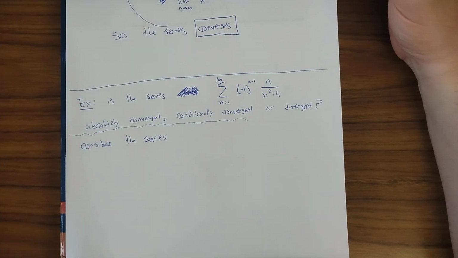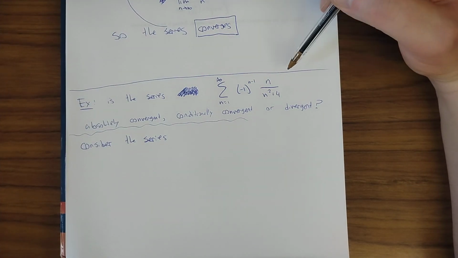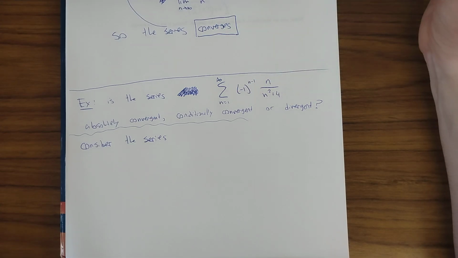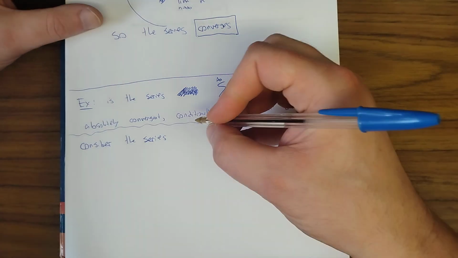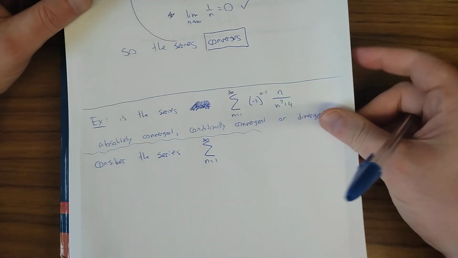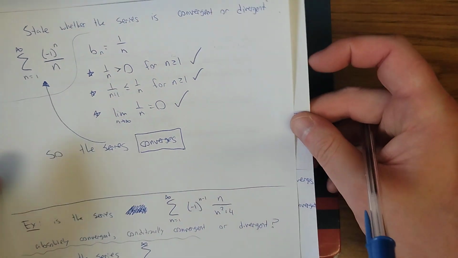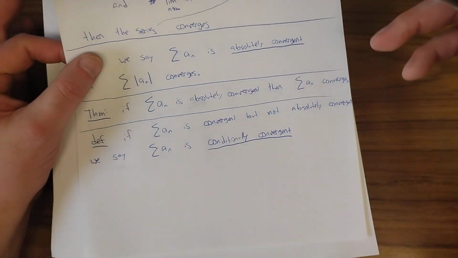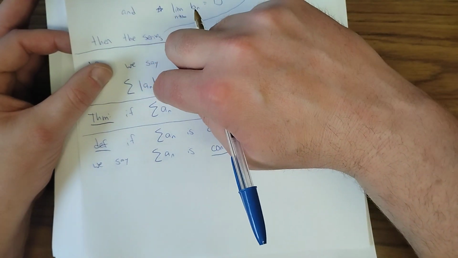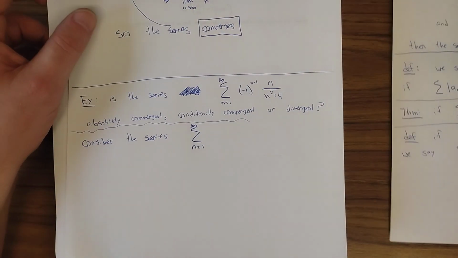So maybe first, let's consider the series where I put absolute values around this. It's like I'm starting with a series and I'm just going to write the series where I put absolute values around a sub n.